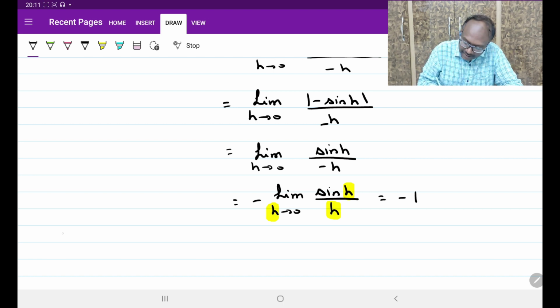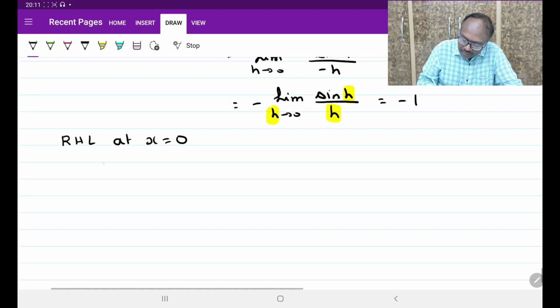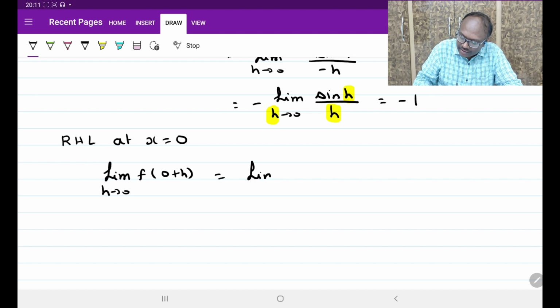Now let us find the right hand limit, RHL, at x equal to 0. So limit h tends to 0 f of 0 plus h. So this will be limit h tends to 0 modulus of sine of 0 plus h divided by h.